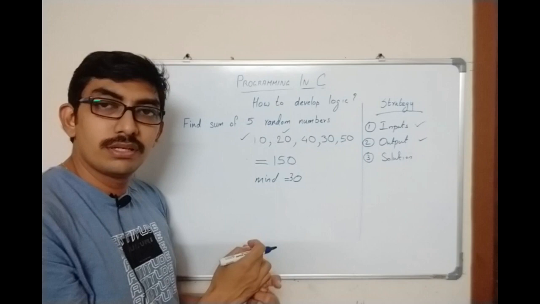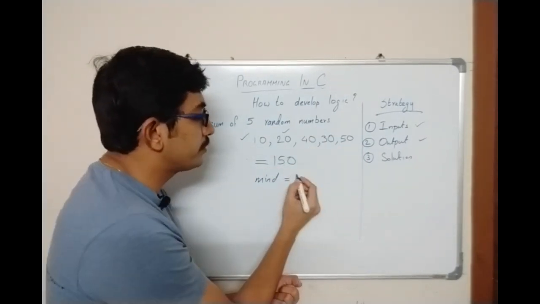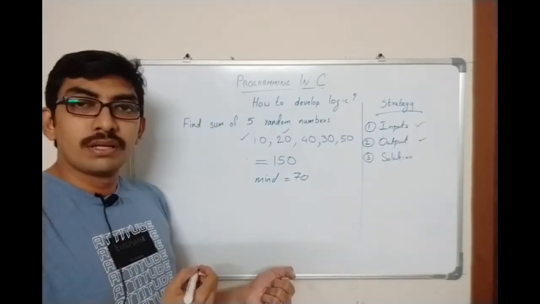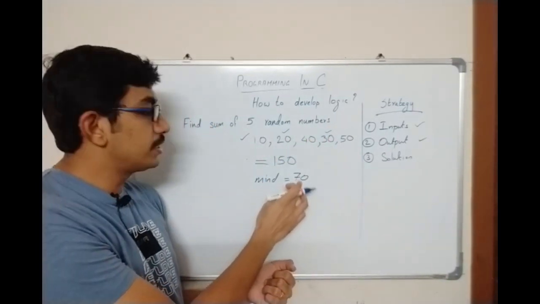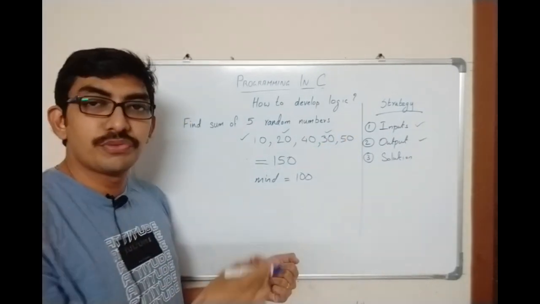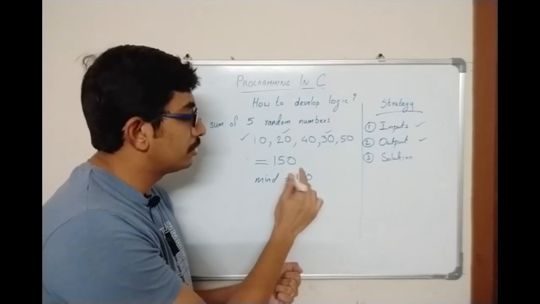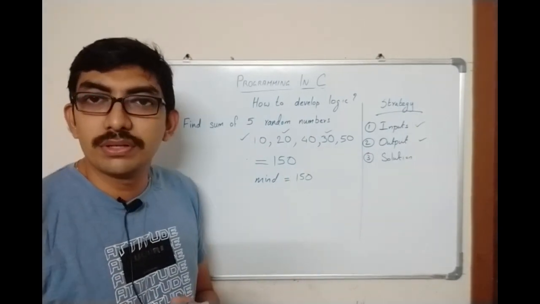Then when I said 40, you added 40 to this 30 and now you have 70 in your mind. Then I gave the next number, which is 30, you added it to 70, so you got 100. And when I said the last number 50, you added it to 100 and you got 150. That's what you have done in your mind.